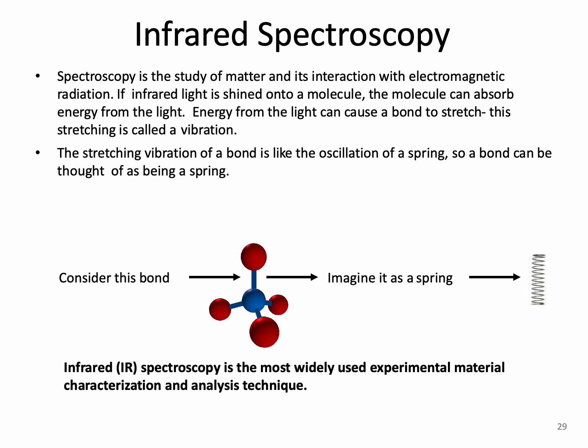Now, infrared spectroscopy is the most widely used experimental material characterization and analysis technique. It doesn't allow us to separate things. Infrared spectroscopy allows us to characterize a molecule.